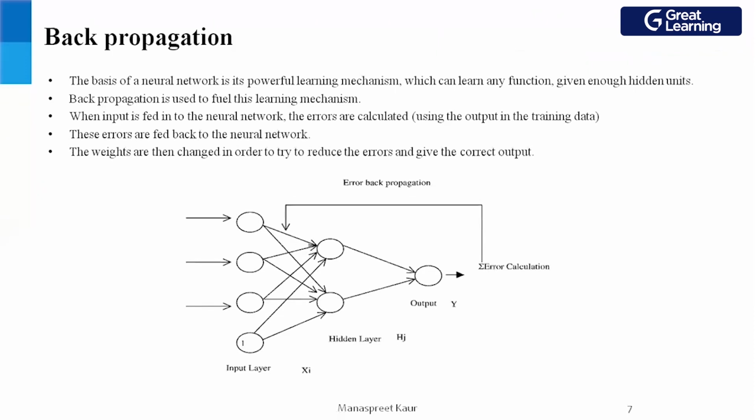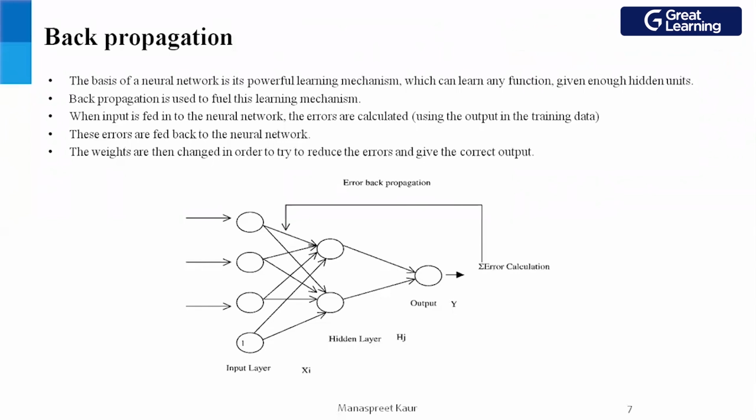So this is the diagram that explains backpropagation. So there are some input variables, then there is a hidden layer. So say there are 3 input variables here, then there are 2 hidden neurons in the hidden layer. So each of the input variables is being fed to the hidden layer, and then there's also a bias which is being applied, and then from the hidden layer we're going to the output layer.